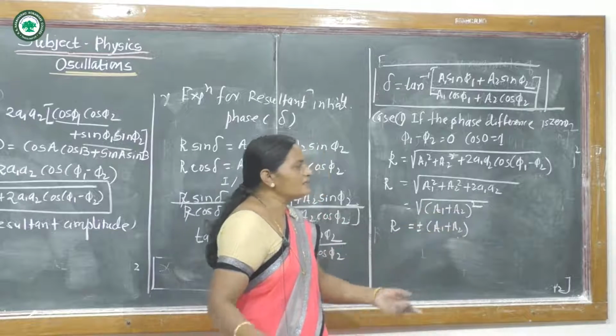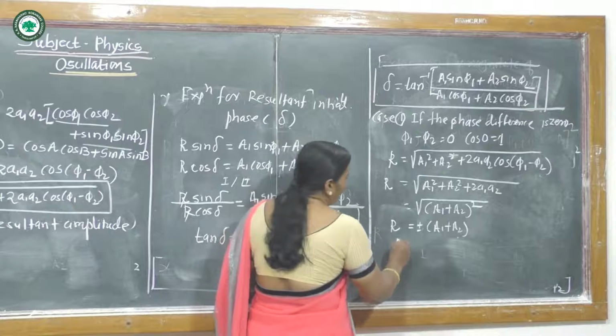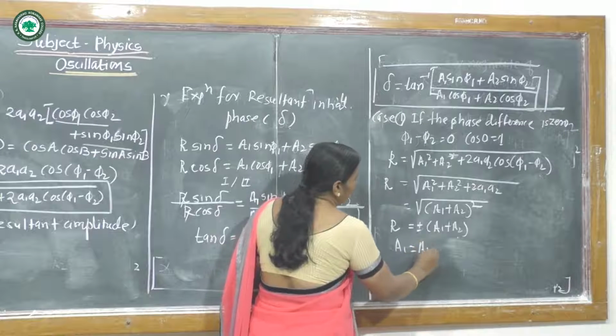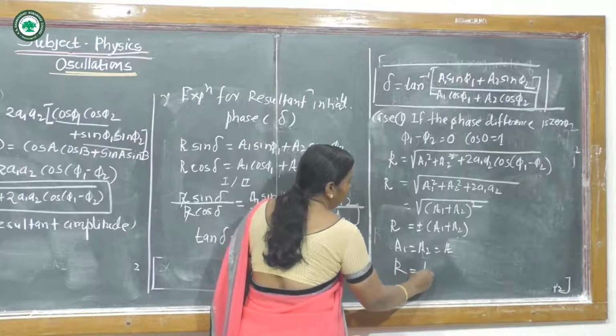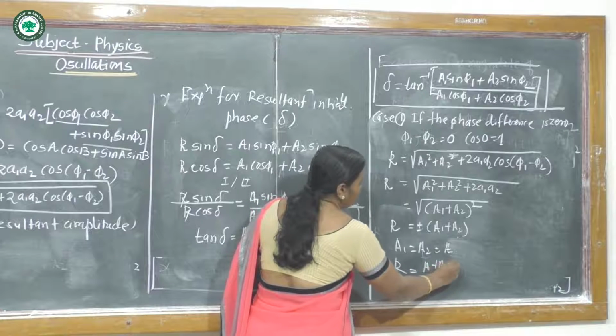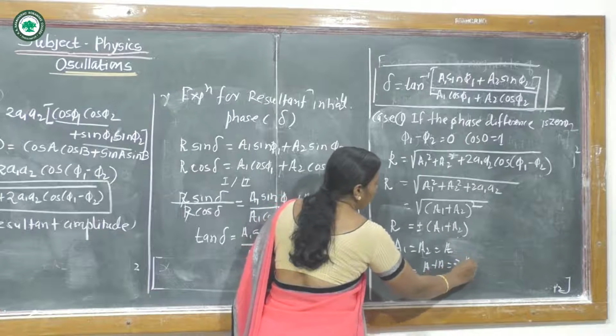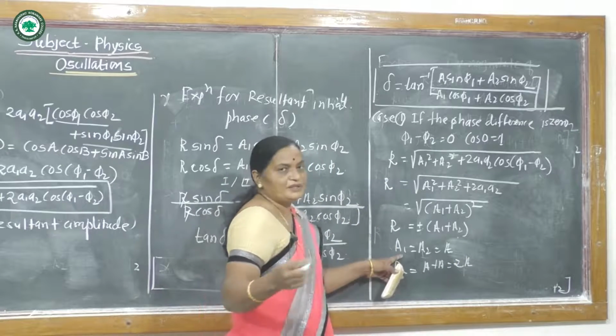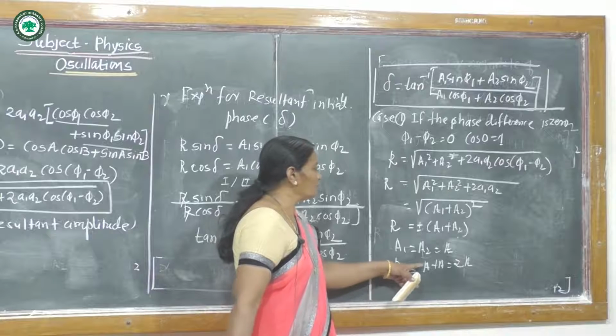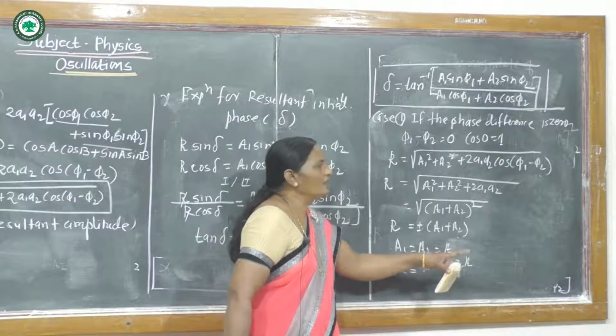If the amplitude is the same, that is A1 is equal to A2 is equal to A, we get R is equal to A plus A, which is 2A.